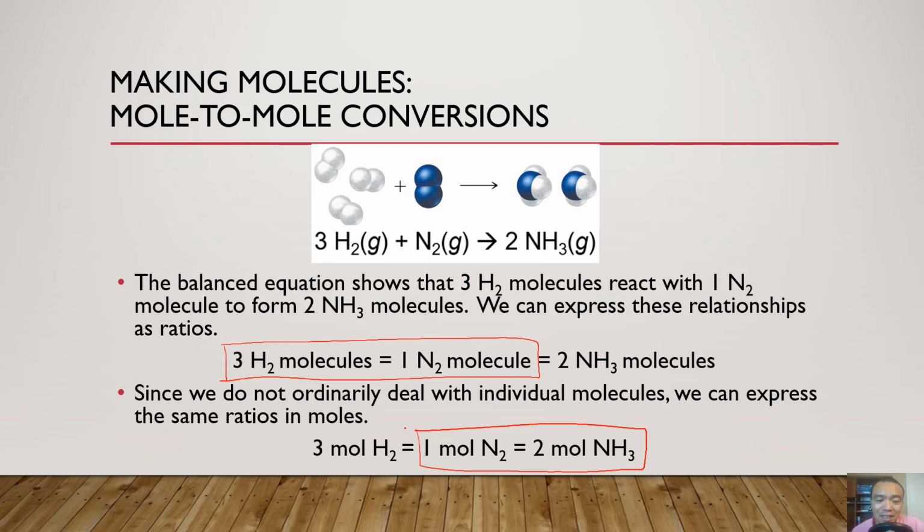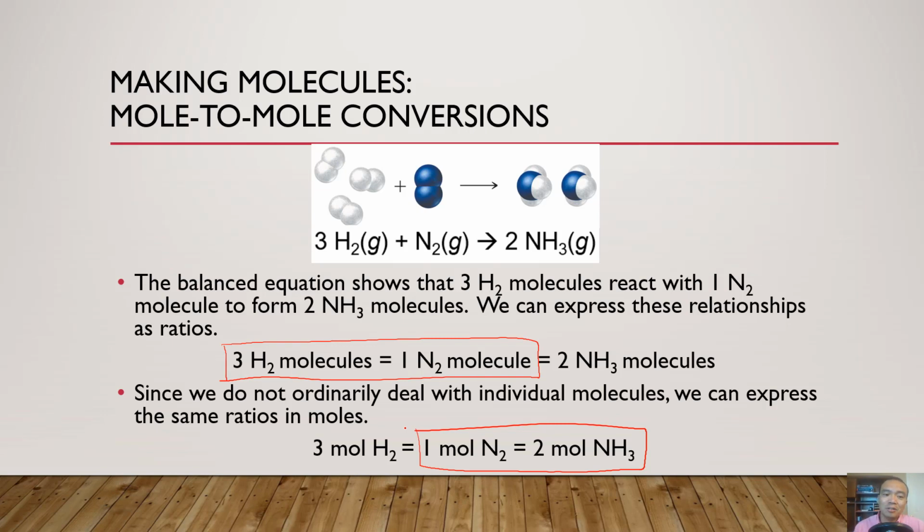Ammonia is NH3. So basically a balanced chemical reaction gives you a key piece of information, which is the mole relationship between the chemicals, more specifically the mole relationship between the reactants and products.